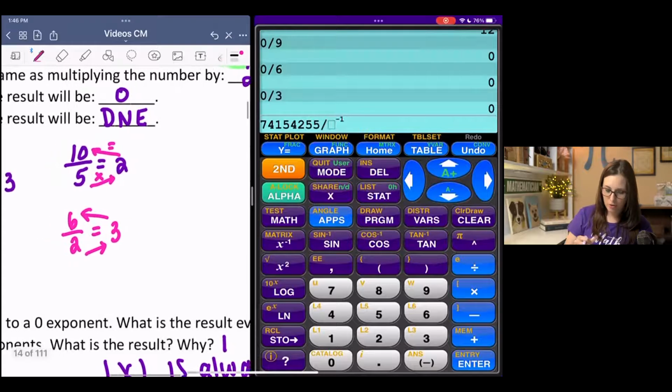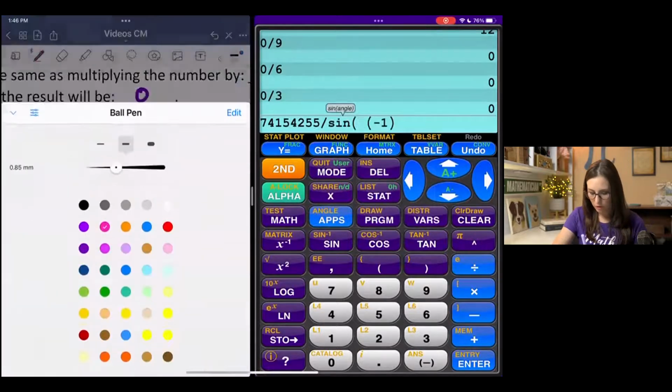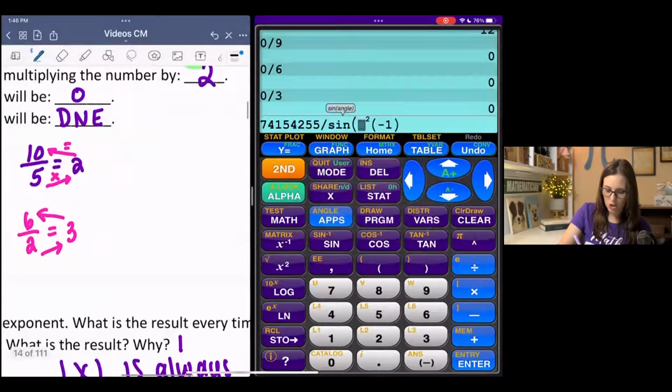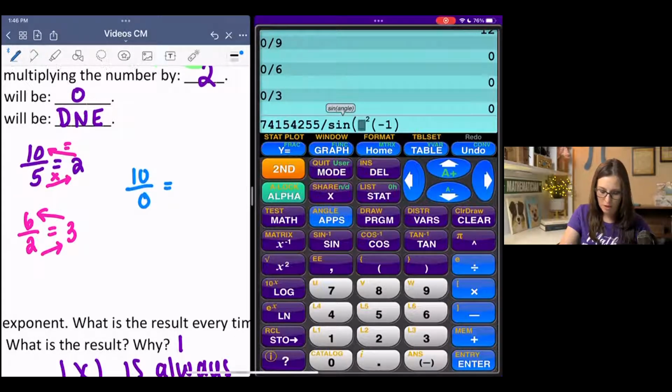Now, let's take that a little bit further. And let's change that denominator to 0. 0 times what is 10? 0 times 0? No. 0 times 10? No. 0 times 100? No. 0 times anything? No. Nothing.